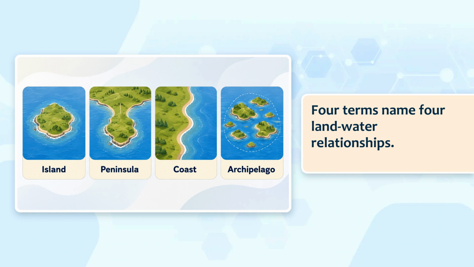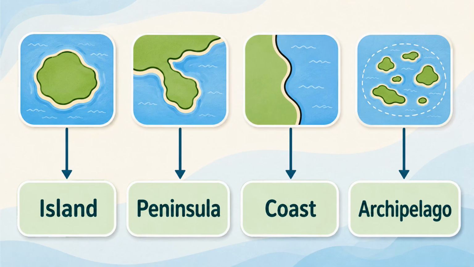The correct label depends on what the map is asking us to identify. The terms work at different levels. Island and peninsula classify land pieces, coast names their water-facing boundary, and archipelago names a group. Choosing the level first prevents the labels from being mixed.